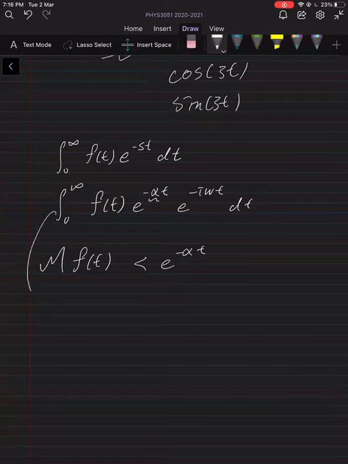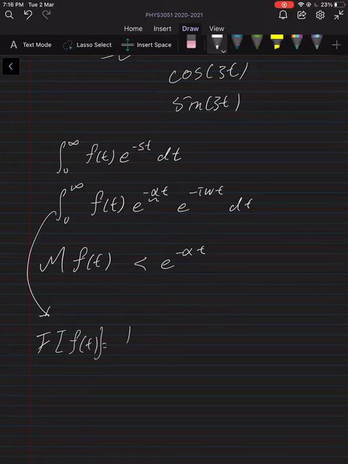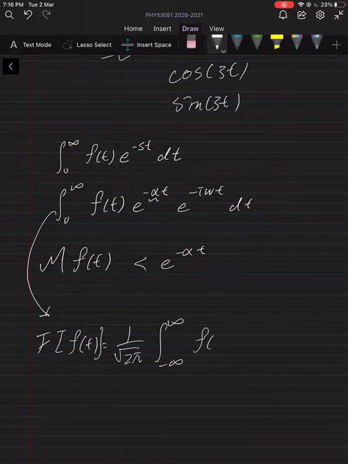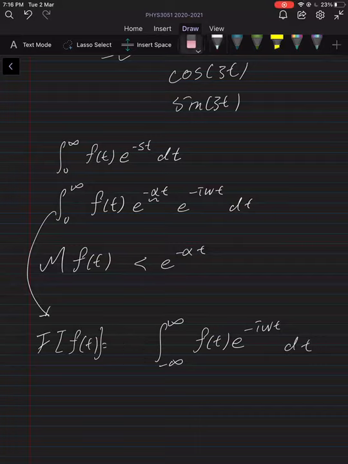And actually, the Laplace transform is closely related to the Fourier transform. The Fourier transform is defined as something like this. You have some normalization factor, but don't bother with it at the moment. If I take this convention, then probably I shouldn't have this factor here.